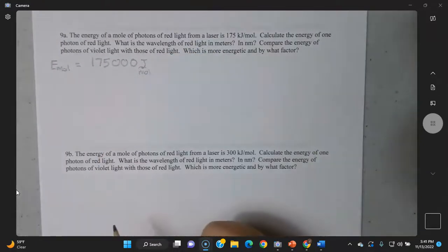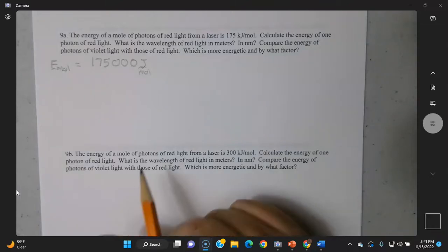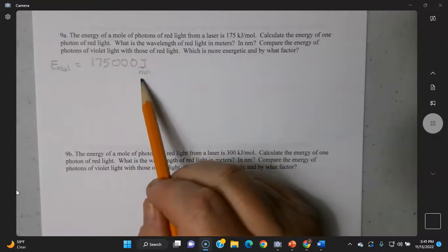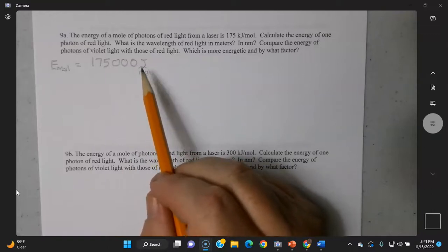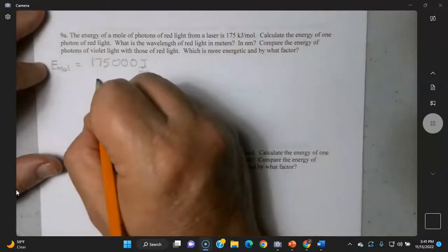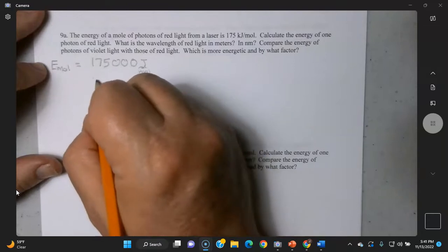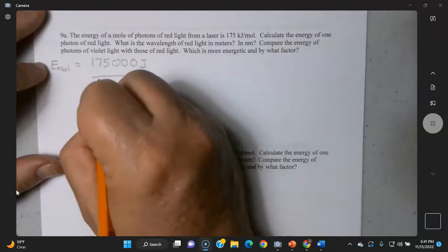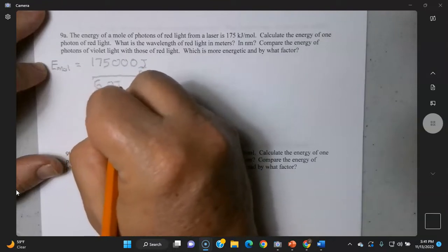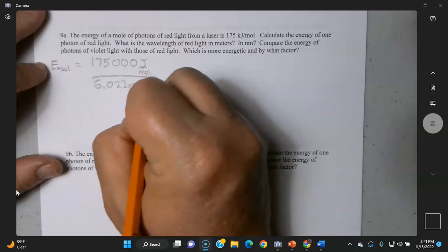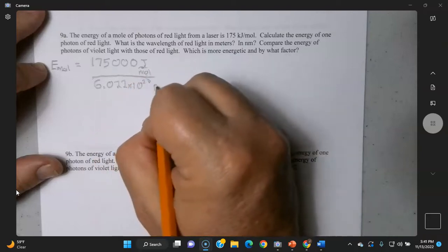All right. And it says calculate the energy of 1 photon of red light. So there's that much energy in a mole of red light. So in a single photon, we're going to divide that by a mole, 6.022 times 10 to the 23rd photons per mole.